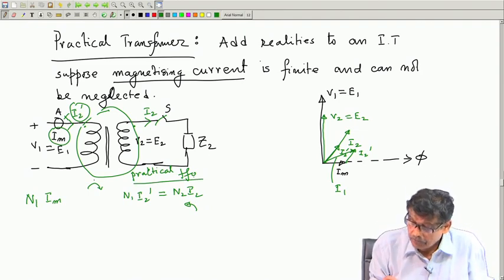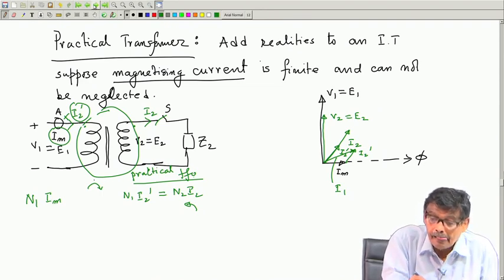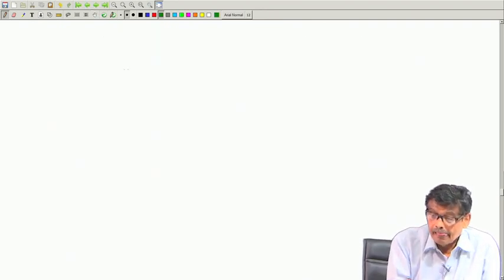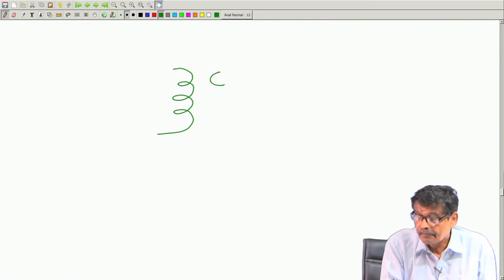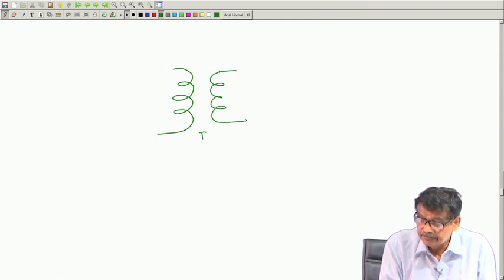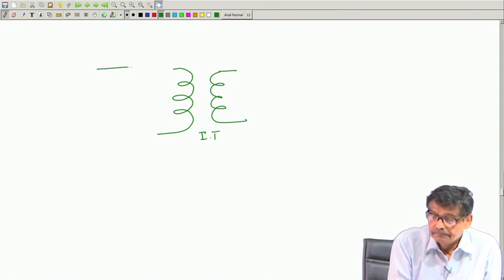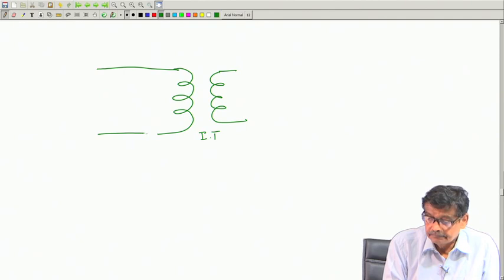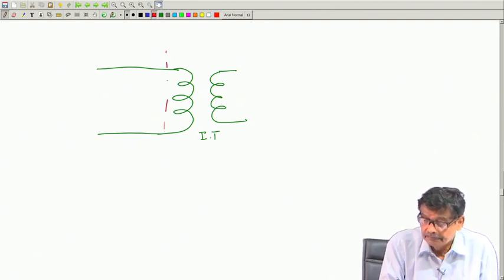What I will do now, I will say consider this is an ideal transformer. I will put a dotted mark around it.